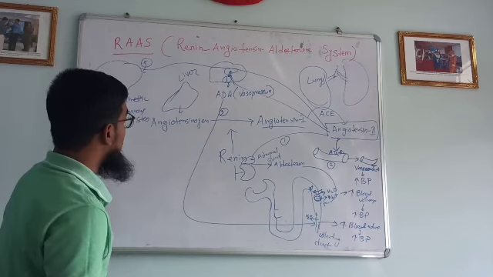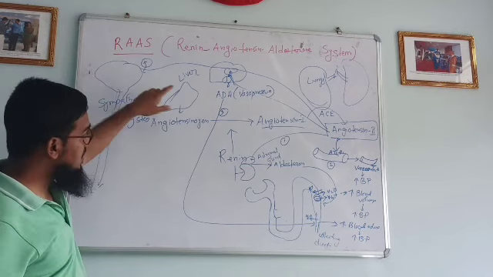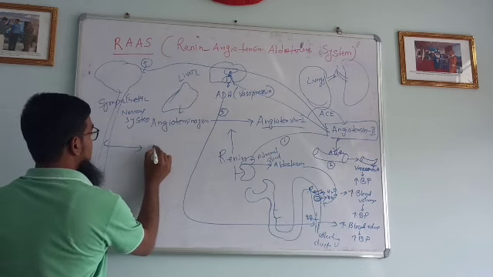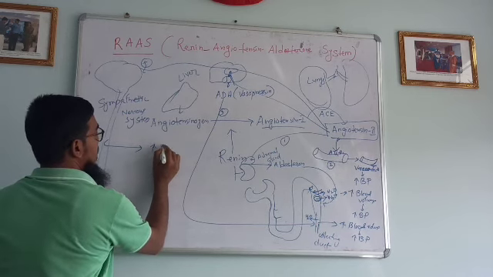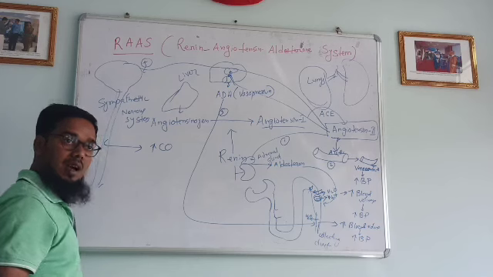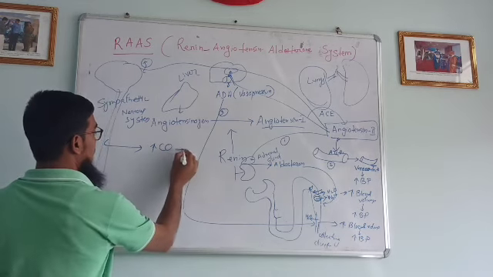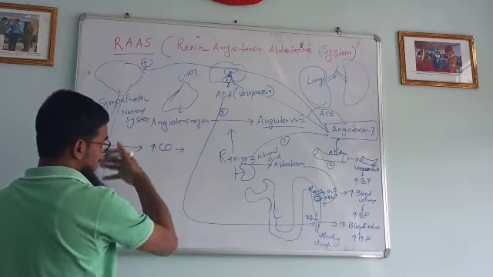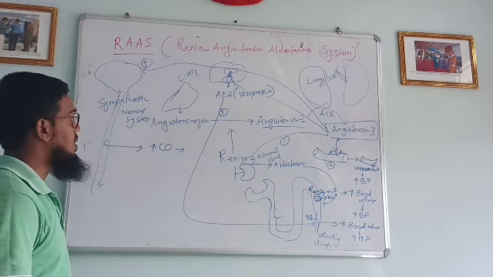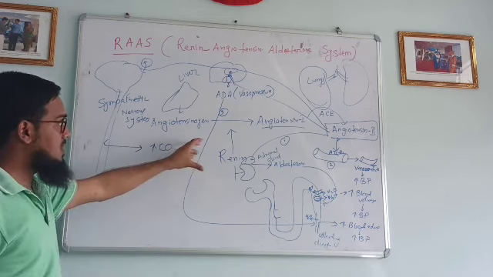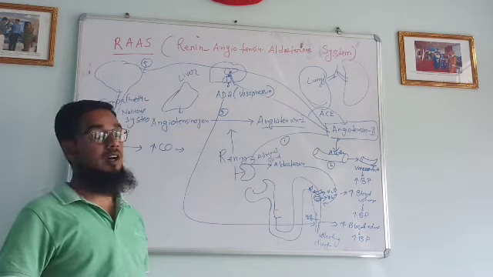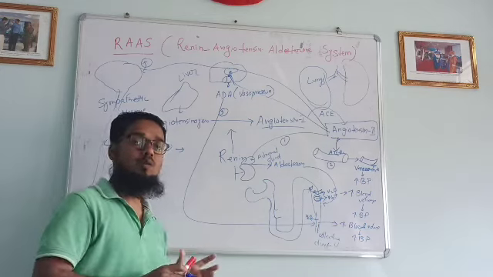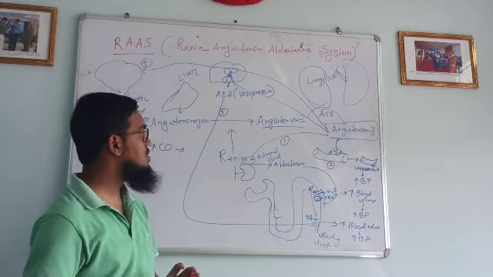Through the sympathetic nervous system, angiotensin 2 increases cardiac output by increasing the heart rate and force of contraction, and increases blood pressure. Also, by sympathetic actions it causes vasoconstriction and blood pressure increases. This is the simple basic mechanism by which the renin, angiotensin and aldosterone system works.